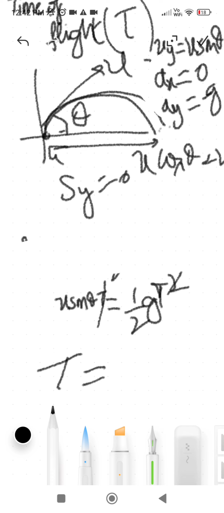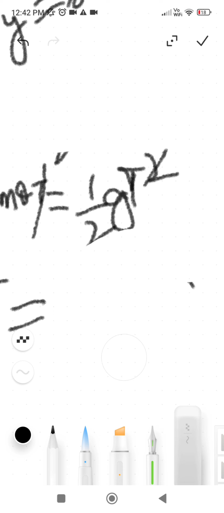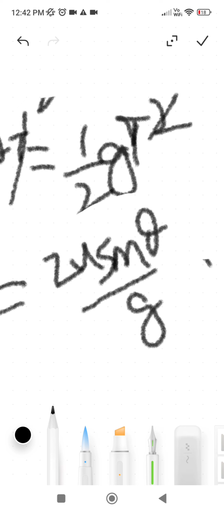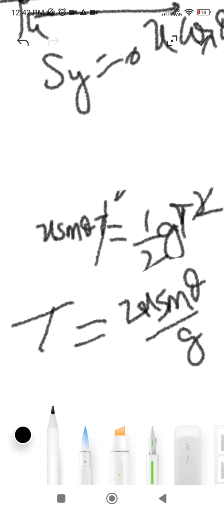We get time of flight as 2u sin theta by g. This is the derivation we had for time of flight. For different cases you can derive this as well, for finding range or any other thing like maximum height reached.